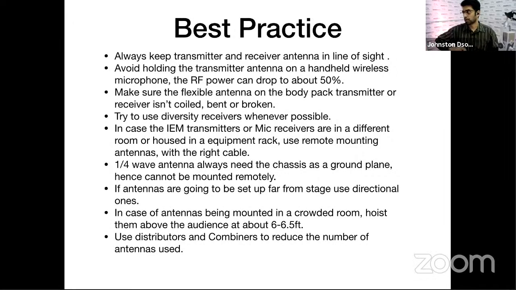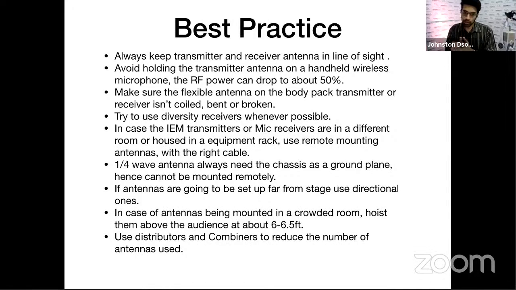See, the problem here is it depends upon, first of all, how many people are there in the room. You could probably try and place the antenna somewhere in the middle of the room, so that no matter where he goes, you pick it up. But again, if it's a directional antenna, then you're not sure where he's going to be.